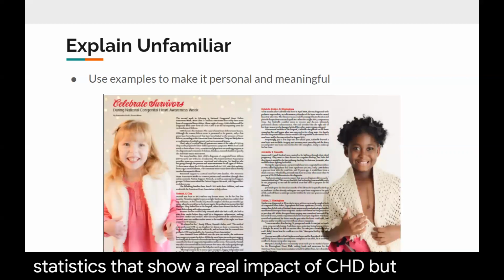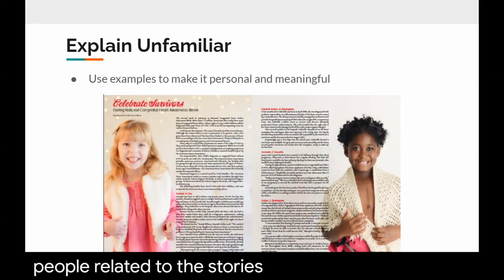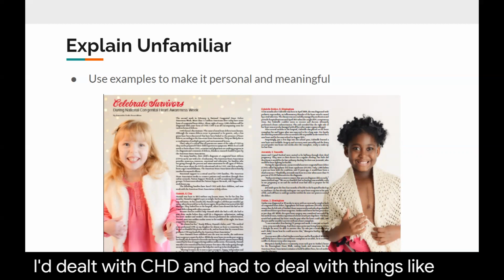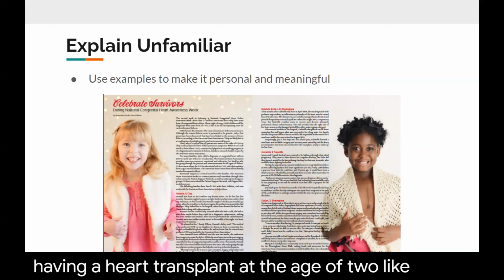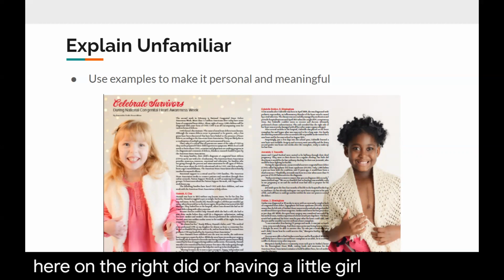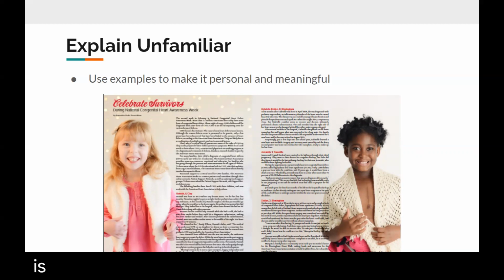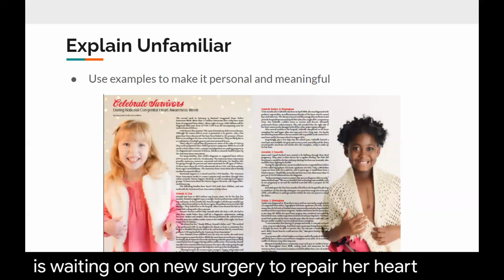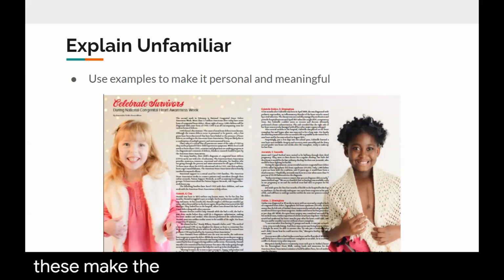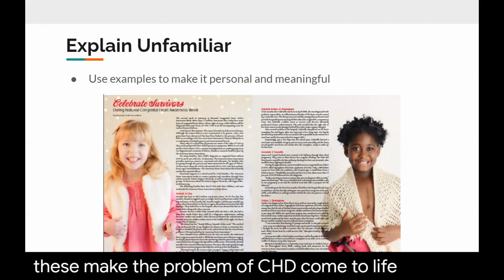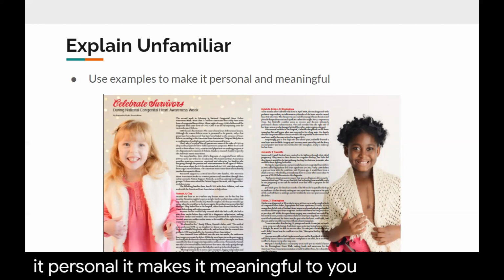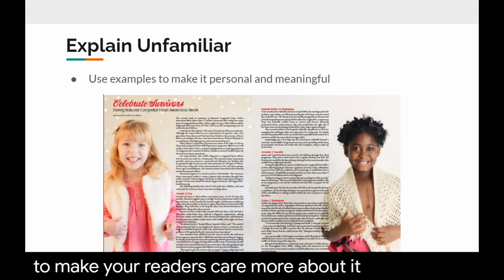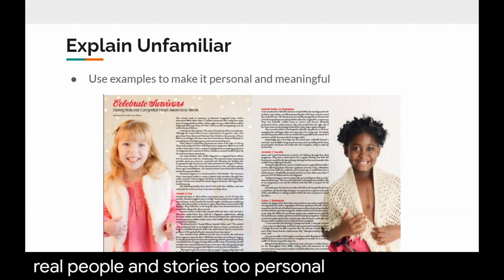But I found people related to the stories of people who had dealt with CHD, like having a heart transplant at the age of 2, like Gabby here on the right did, or a little girl, Hannah, who is waiting on a new surgery to repair her heart, right? These make the problem of CHD come to life. It makes it personal, it makes it meaningful to you, and it tends to make your readers care more about it. So find ways that you can use examples of real people and stories to personalize the information that you have.